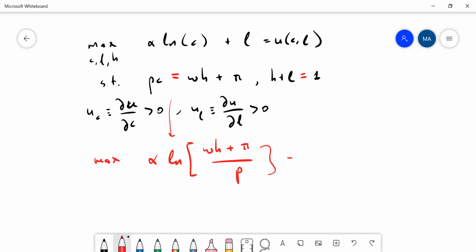And from the other, I have L equals 1 minus H. Now, the problem becomes only a function of HS, labor supply. So we're going to take a first order condition here. I'm going to look at the derivative of this function.